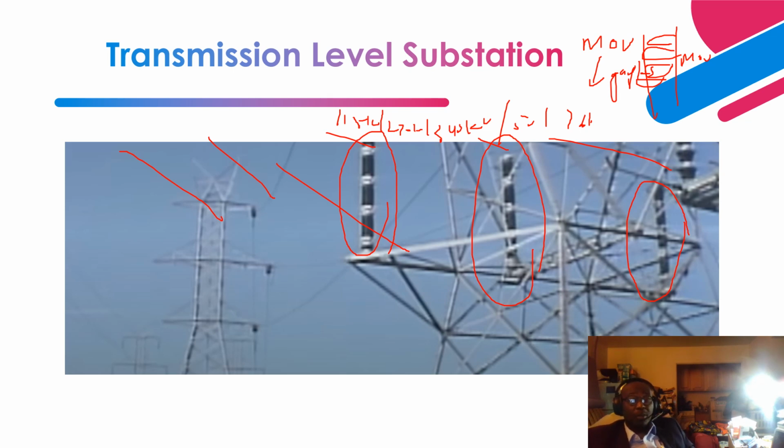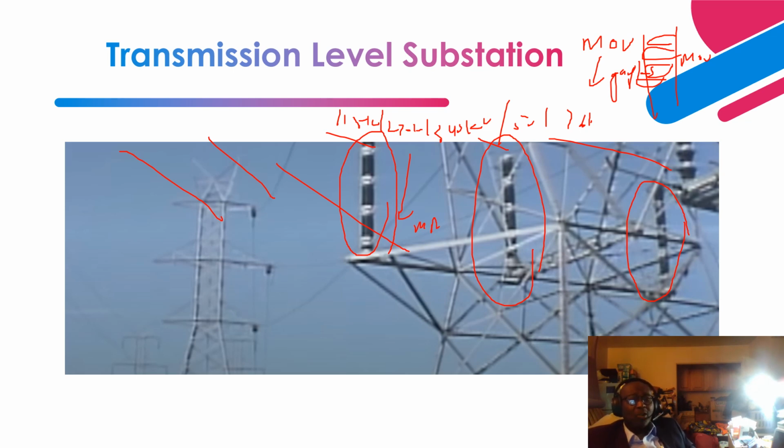Under normal operating conditions, this metal oxide surge arrestor offers a very high impedance to ground, so only leakage current flows, in milliamps, due to the linear characteristics of the semiconductors inside these surge arrestors.